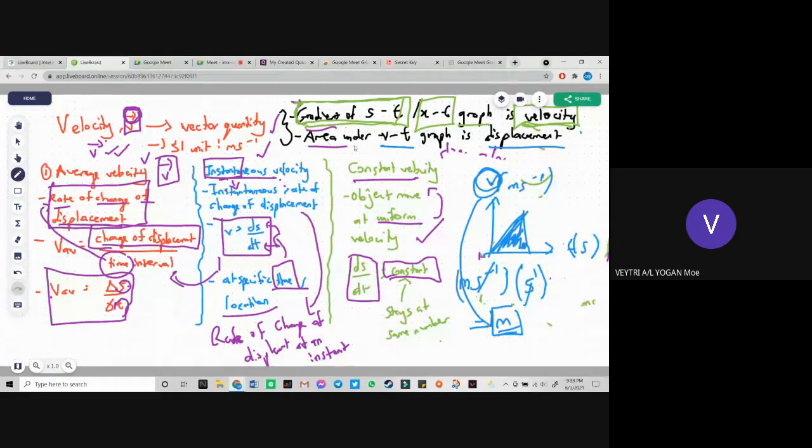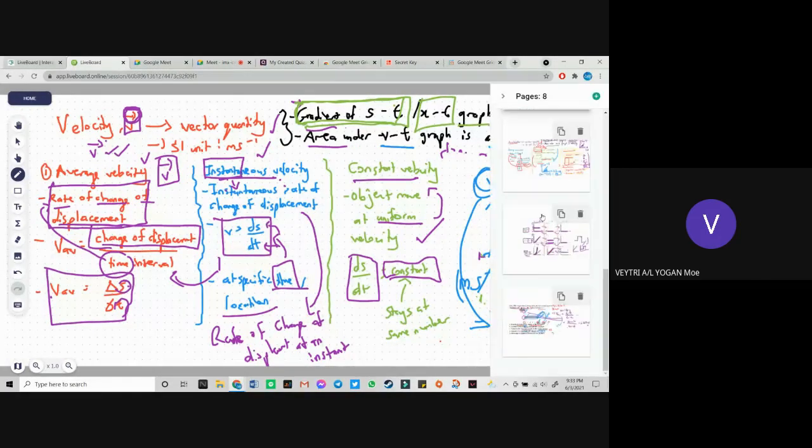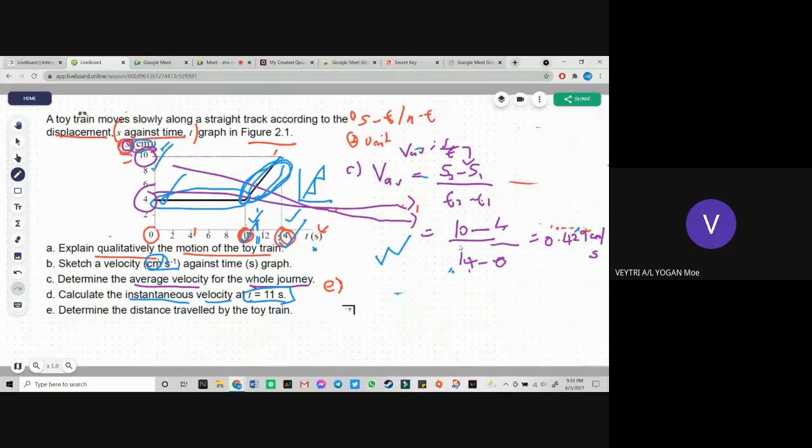Tengok tak sini? Area under velocity time graph is displacement. Okay. Kenapa kita boleh guna itu untuk soalan distance dekat sini? Sebab the whole graph is positively inclined. Maksudnya dia meningkat je. Okay? Actually, you can use for majority of the graph sebab usually calculation distance dia akan relate positive.